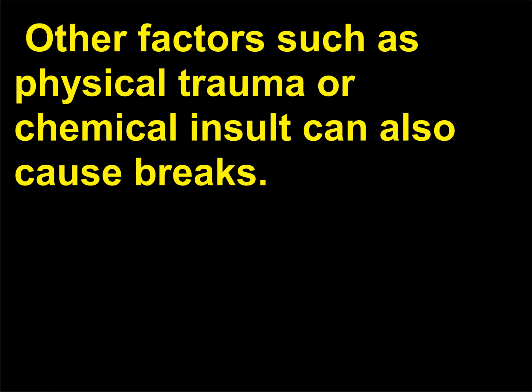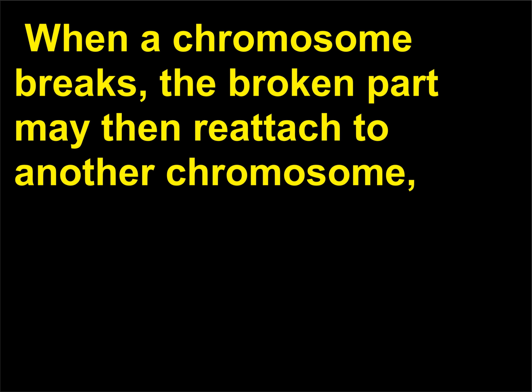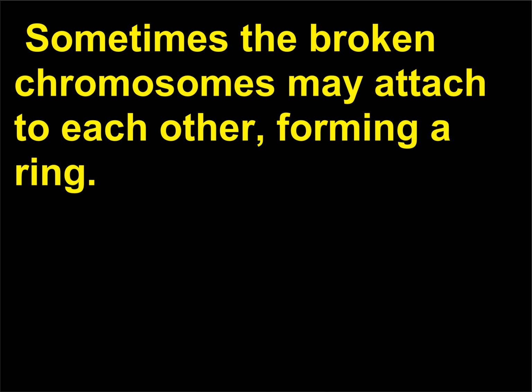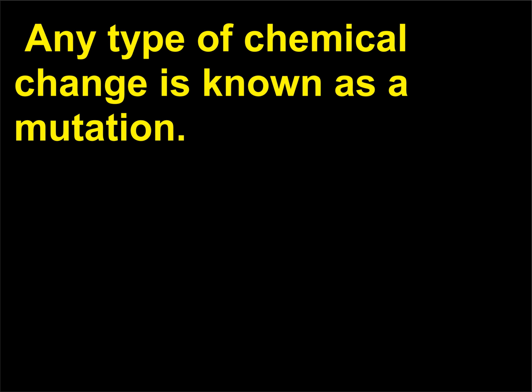Other factors such as physical trauma or chemical insult can also cause breaks. When a chromosome breaks, the broken part may then reattach to another chromosome, a process called translocation. Sometimes the broken chromosomes may attach to each other, forming a ring. Any type of chemical change is known as a mutation.